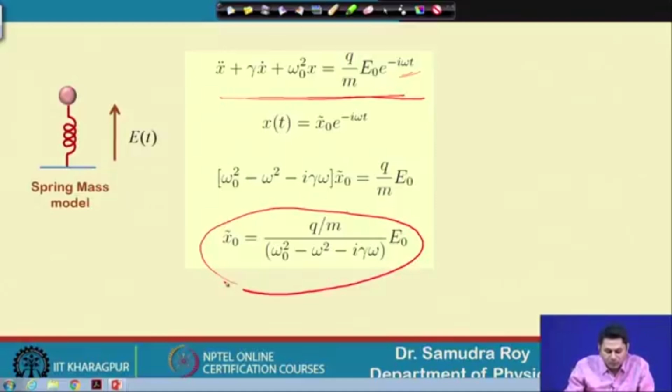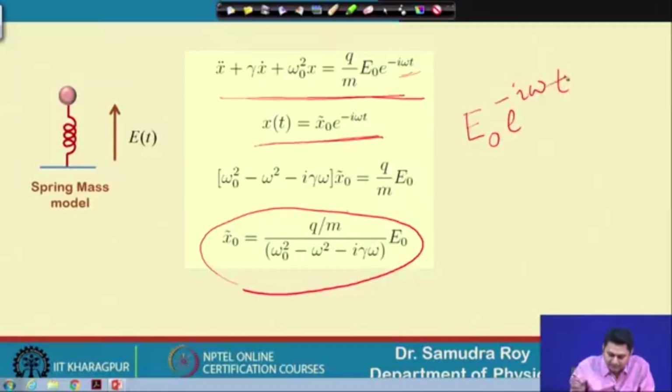I am not going to teach you the calculation in detail, because it is very straightforward. Once you have the equation of motion, this will be your solution, because your applied field has the form E 0 e to the power of minus i omega t.